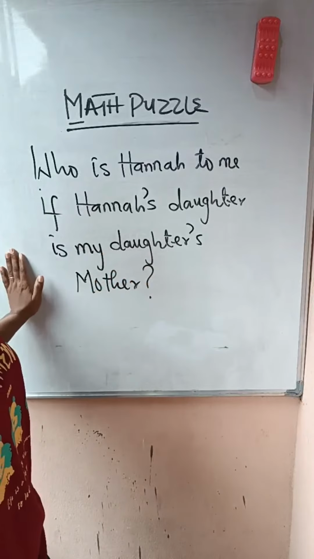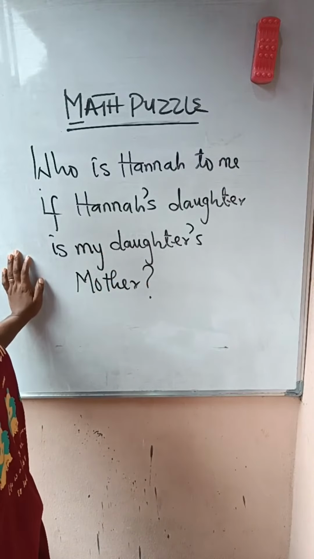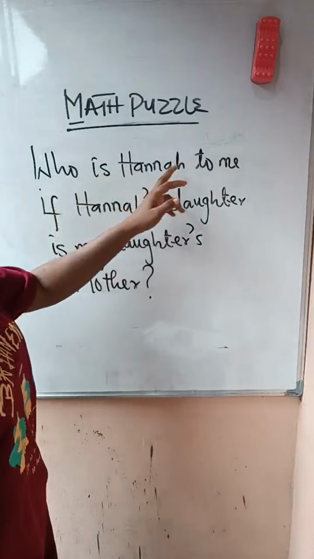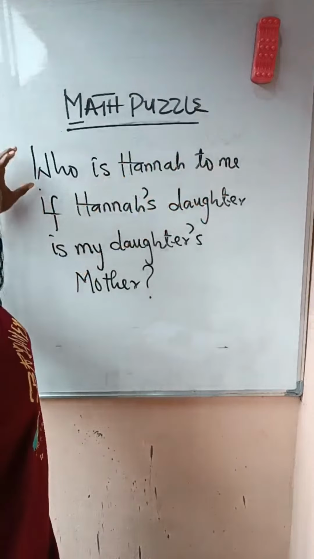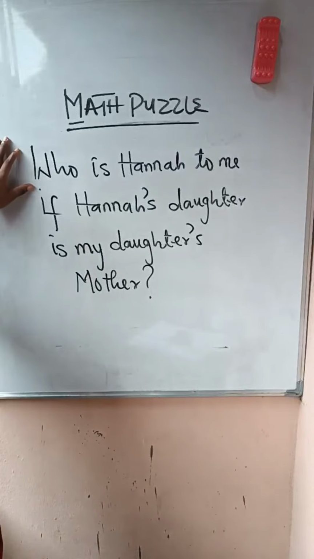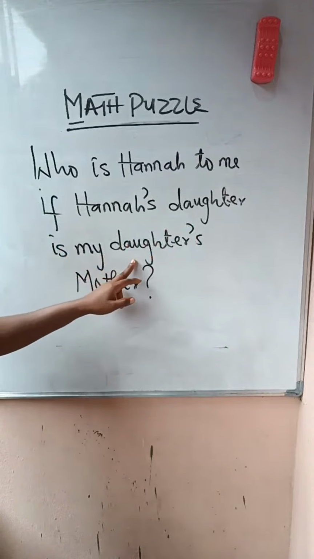Now, when you read something like this, try to remove any sentence that is confusing. For example, "Who is Hannah to me?" We cannot get any information from this first sentence. Now, if we look at the second sentence, it says, "if Hannah's daughter is my daughter's mother."